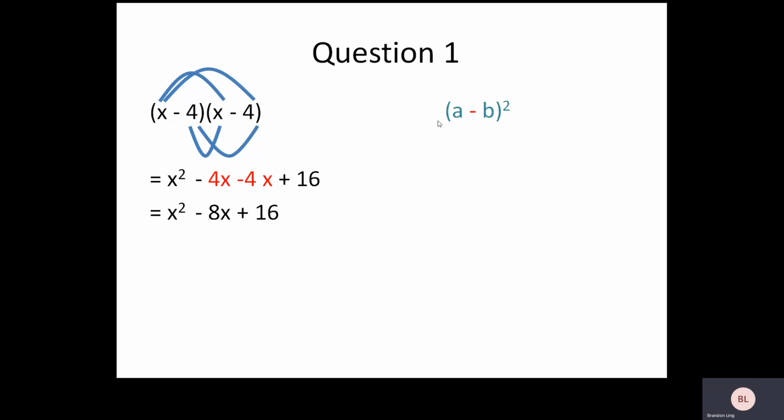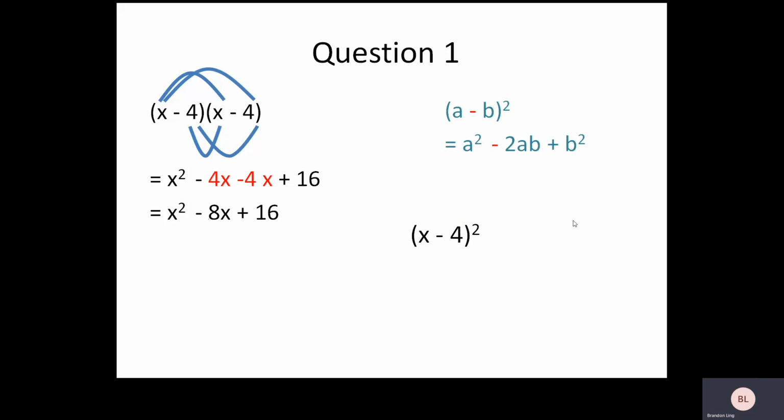Now, if you have this (a minus b) squared here, this will be the formula that we are going to use. So first, we copy down this (x minus 4) squared equation. Next, we plug this x value into this a and the 4 value into this b here. Okay, and in the middle here, you have negative 2ab, which means that you need to multiply negative 2 with a and b, which is your x and 4.